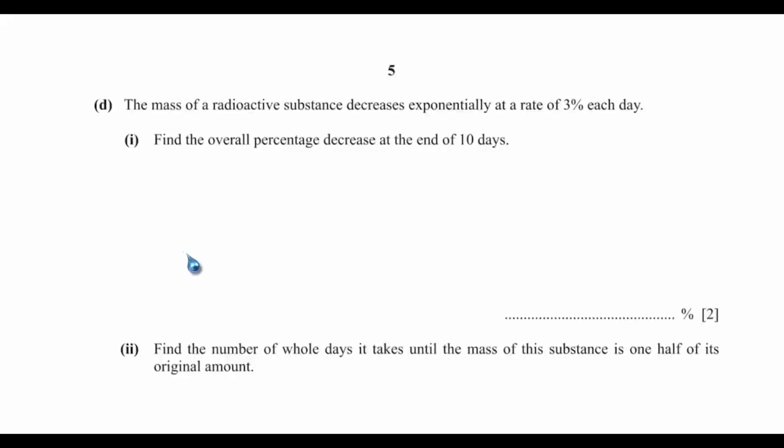The mass of a radioactive substance decreases exponentially at a rate of 3% each day. Find the overall percentage decrease at the end of 10 days. Here, the rate is given as 3%, which is the same thing as 0.03. Then the time t is 10 days.